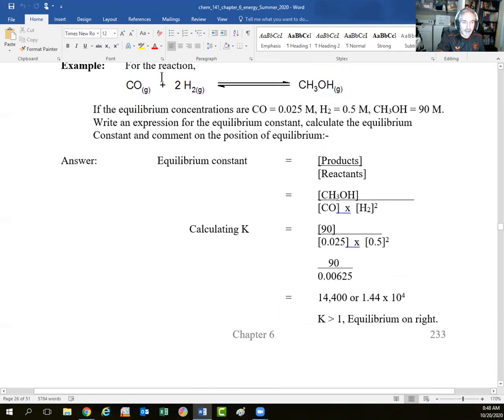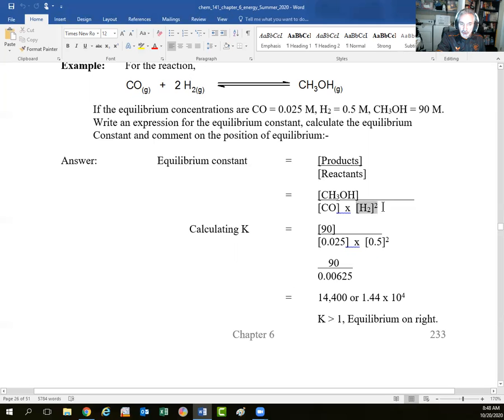Second one, this one, a combination between carbon monoxide and hydrogen to produce methanol. And so products divided by reactants. Our product is the methanol. Again, this is taken from the point of view of the forward reaction. The reactants, carbon monoxide and hydrogen.